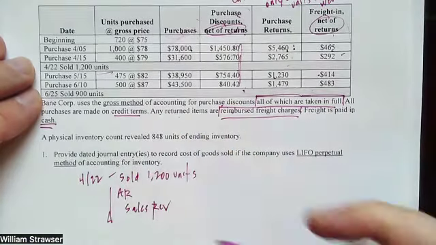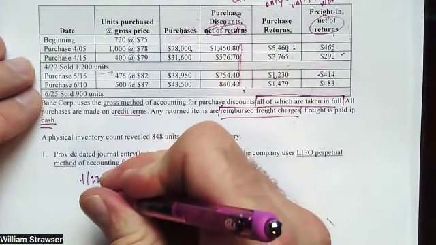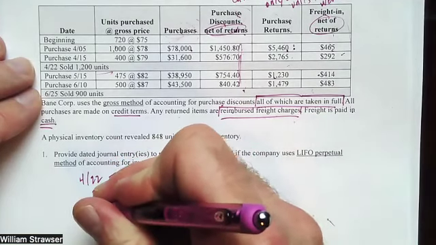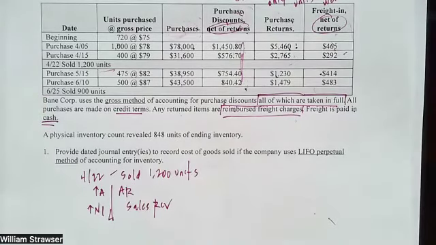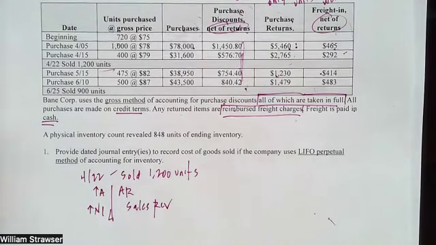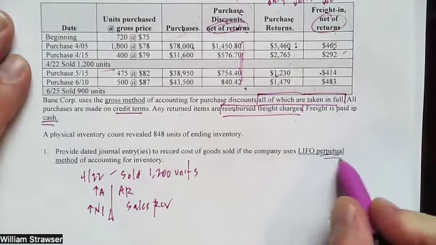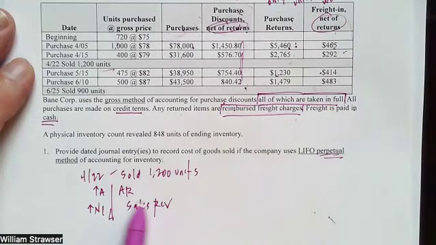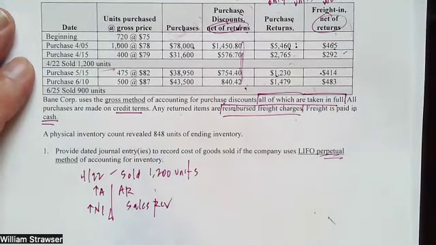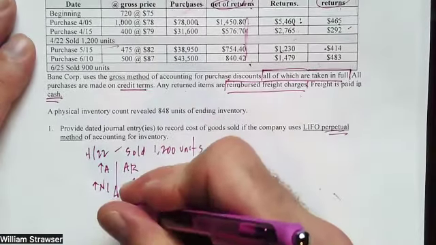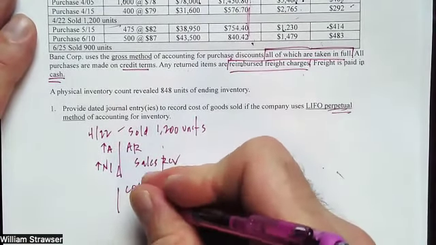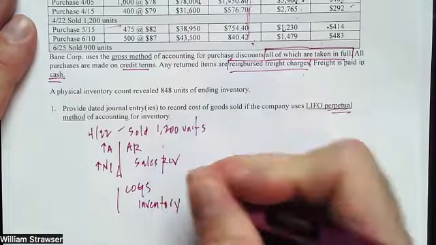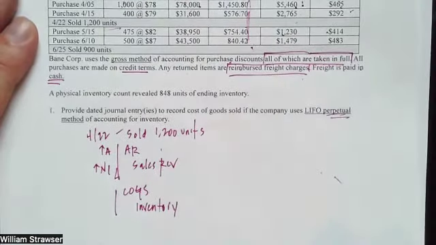I didn't give you the sale price, but just to remind ourselves, for every sale, we have to stop and make a cost of goods sold inventory adjustment under the perpetual system. So I make this sale on 4/22. I sold 1,200 units. Now I need to figure out what the cost of goods sold and inventory adjustments are from the sale I made.